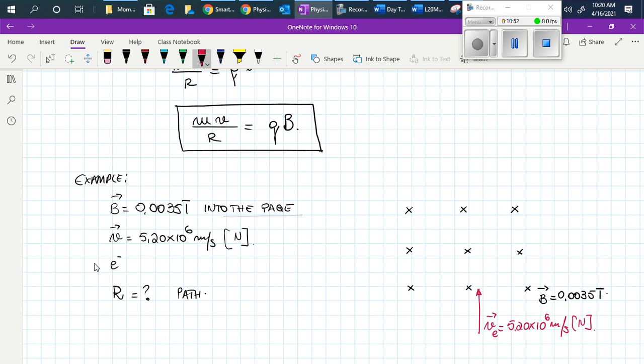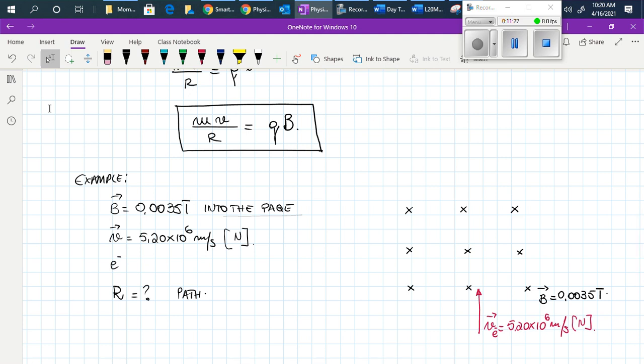Now what is the force based on the third rule of the left-hand rules? And that will tell us the way that the electron is deflected. So now the thumb will tell us the direction of the electron. We will not change it since we are using left hand and the charge of the particle is negative. So the thumb will be going north.